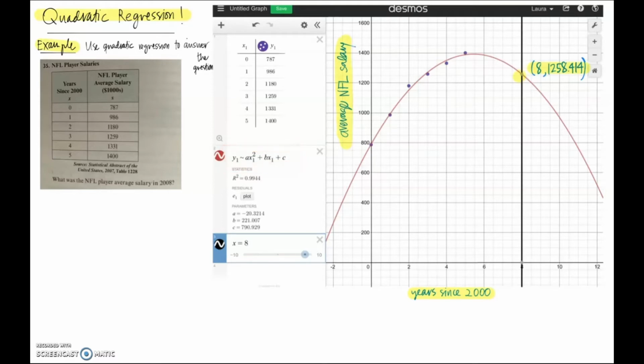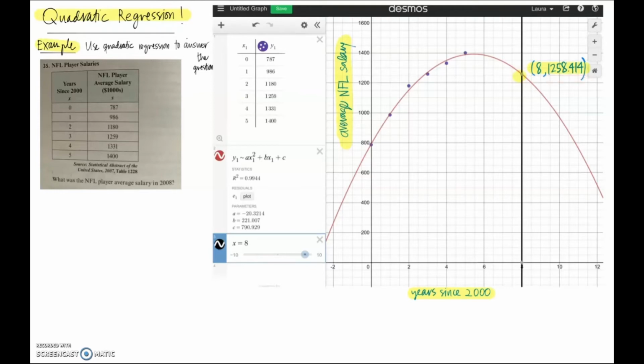The reason we decided that was because these differences were really variable. And we've got this fantastic R-squared that tells us that the data is actually pretty close to that curve. So that checked out that this would probably be a good model for things. And then we were asked what was the NFL player average salary in 2008. And so we looked at when x equals 8, and we found this solution here.